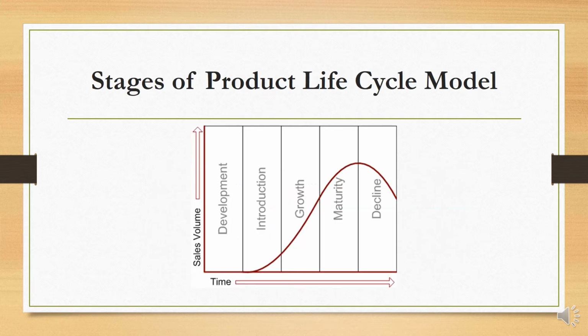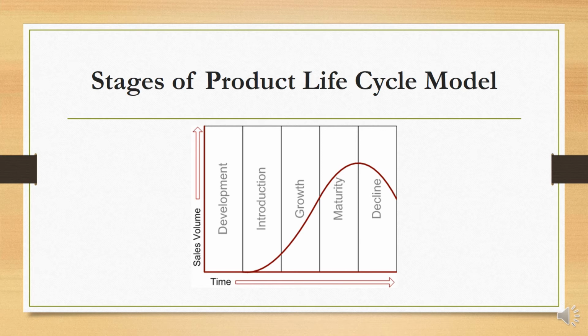Now we briefly explain the 5 stages of the product life cycle model theory. Here is the basic diagram. On the horizontal axis, as I explained previously, we take the time, and on the vertical axis, sales volume. Stage 1 is development, stage 2 introduction, stage 3 growth and maturity, and in the last, decline.